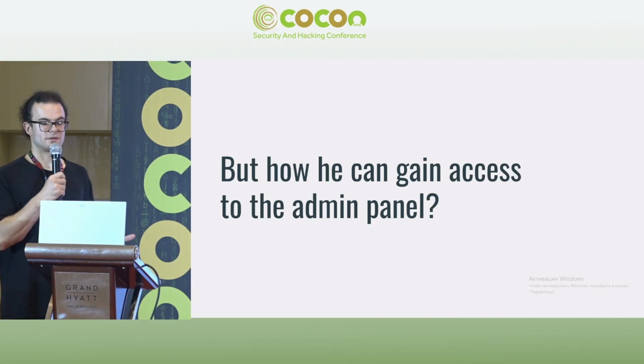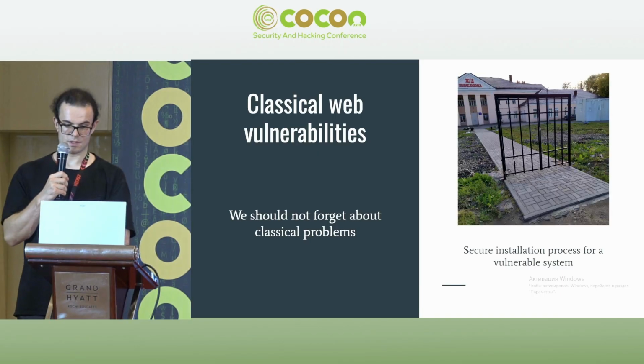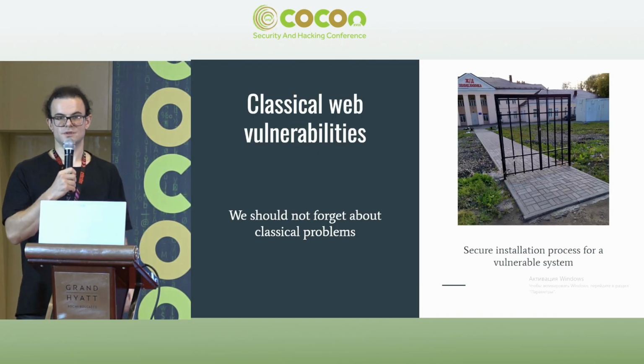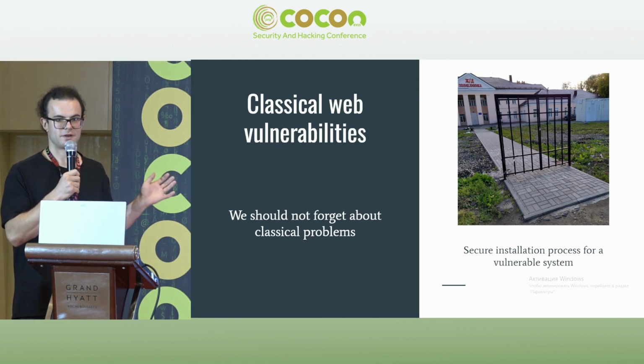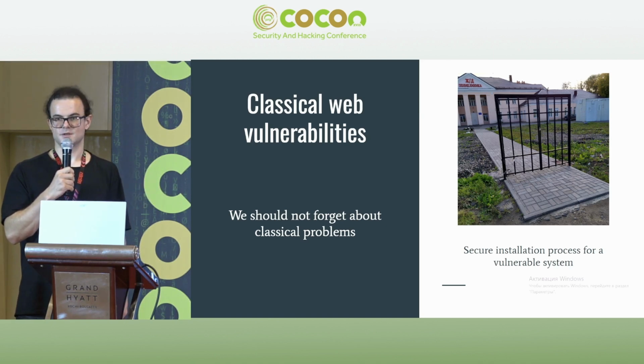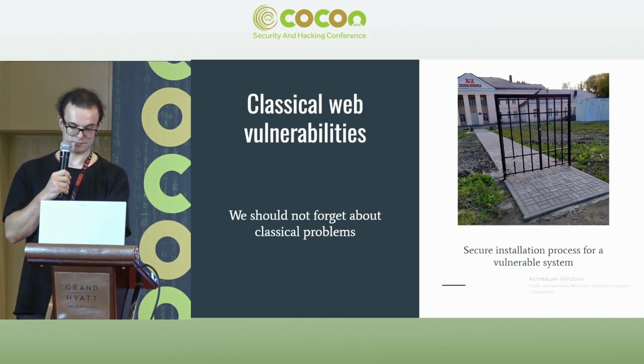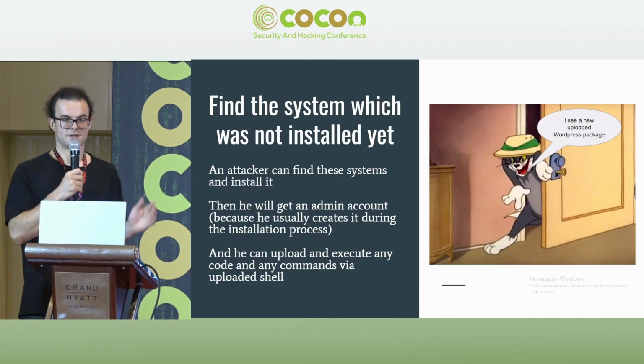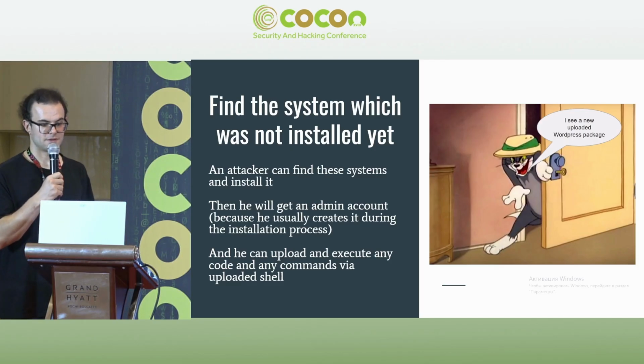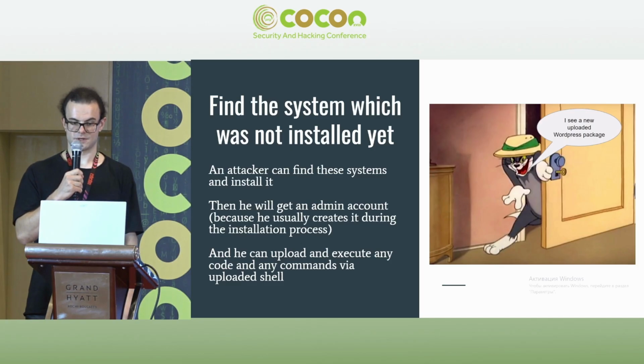But how can an attacker gain access to the admin panel? So, firstly, we shouldn't forget about classical web vulnerabilities, because if we have a very vulnerable system, it is not so important to have a protected installation process. Then, an attacker should find a system which is not installed yet.